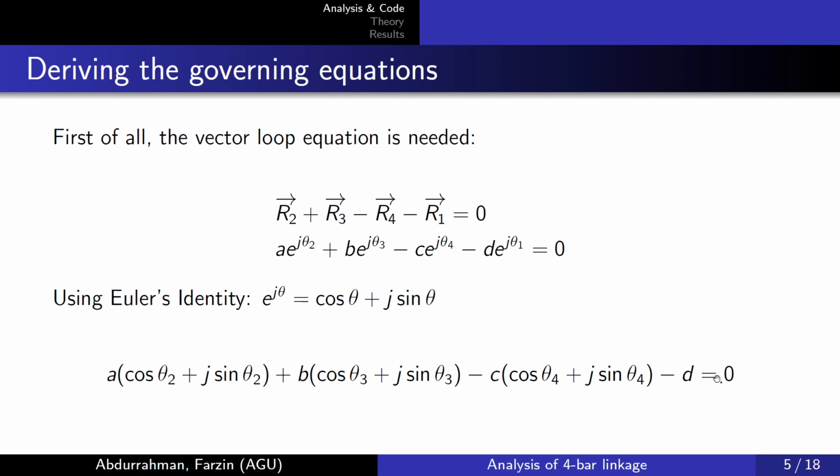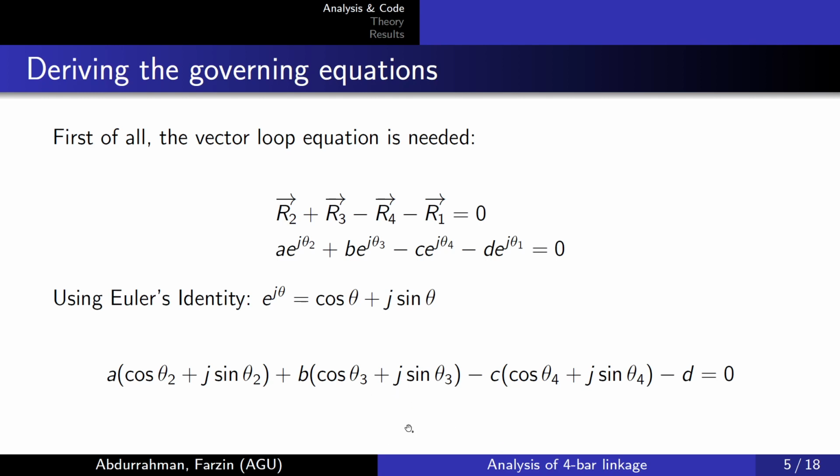At the same time, we could simplify the last one, since we know that theta 1 is equal to 0, we will have e to the power of 0, which is 1, and thus we'll be left with only d. And so from here we can see that we know everything, a, b, c, d, and theta 2, except theta 3 and theta 4, which are two unknowns.